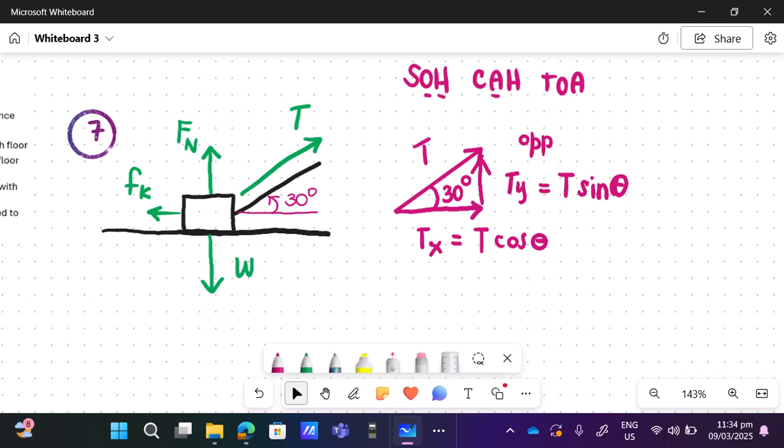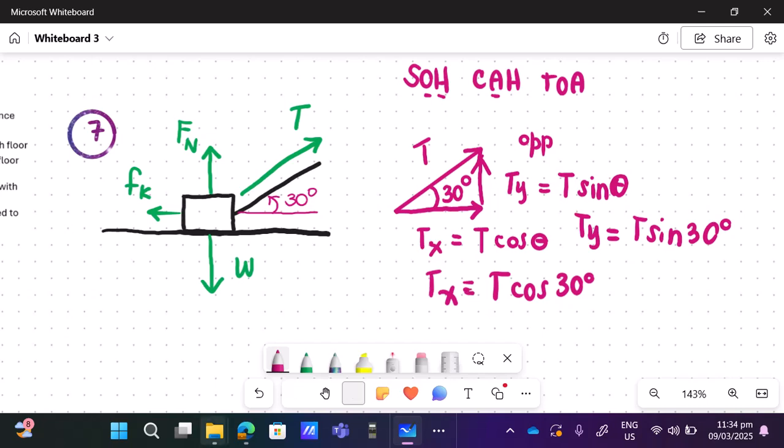So if we were to plug in the value of theta, that would be T sine 30 degrees and T cosine 30 degrees. Alright, so let me rewrite this one. So this will be T sub y equals T sine 30 degrees and T sub x equals T cosine 30 degrees.